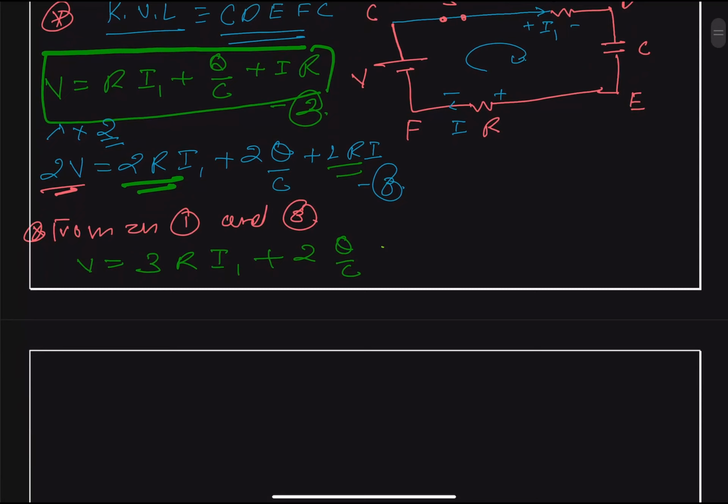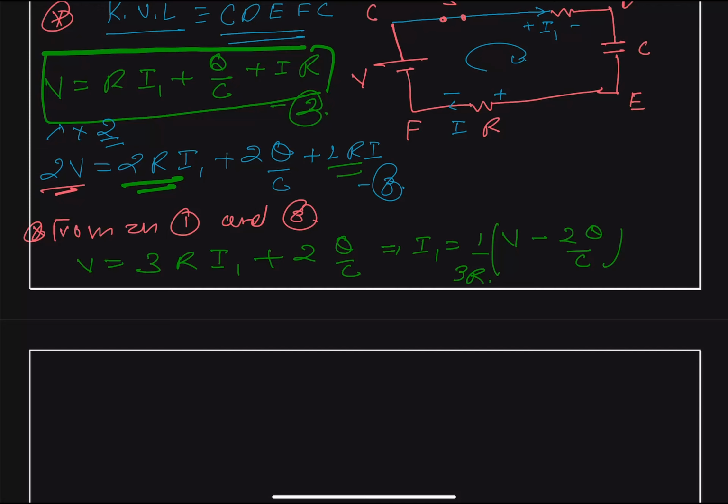So from here we can say our I1 will be equal to V minus 2q by C, multiplied by 1 upon 3R.